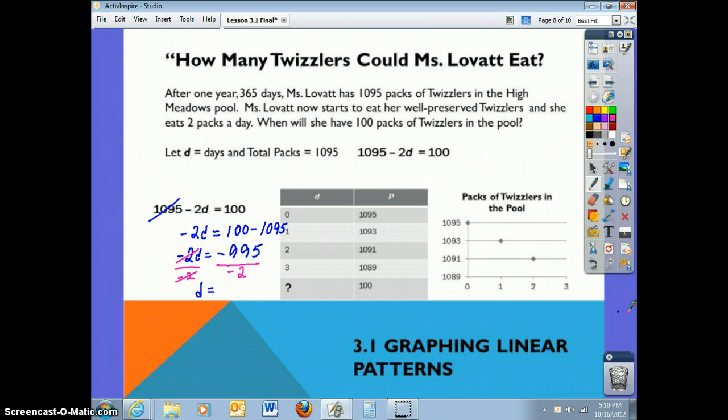And then negative 995 over negative 2, those two negatives cancel each other and become a positive, okay? And 995 divided by 2 is 497.5. So after 497 and a half days, she'll be down to 100. Now, we said that she's not taking them out on half days. So honestly, she'd have to wait till 498 days to be under 100.